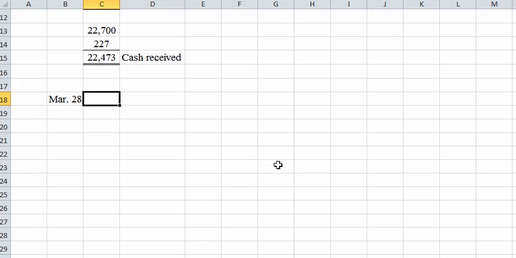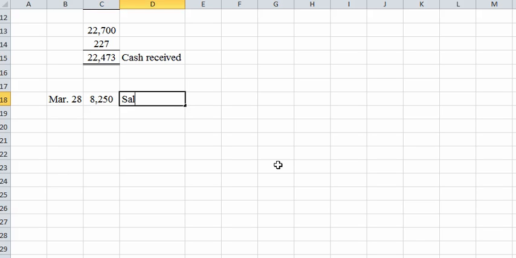We're going to receive the check from Vista Company on the 28th. Let's refer back to the 19th when we made the sale to Vista Company for $82.50.